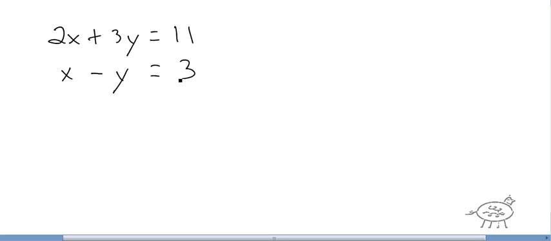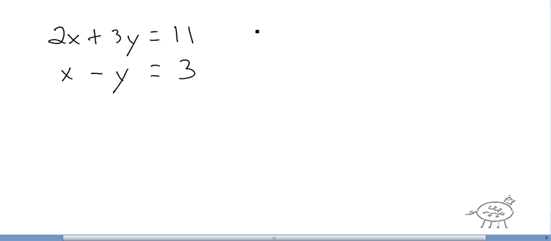If I give you an equation of 2x plus 3y is equal to 11, and x minus y is equal to 3.